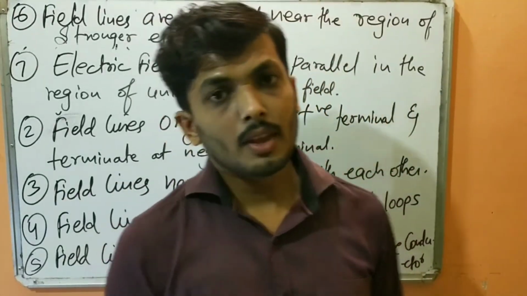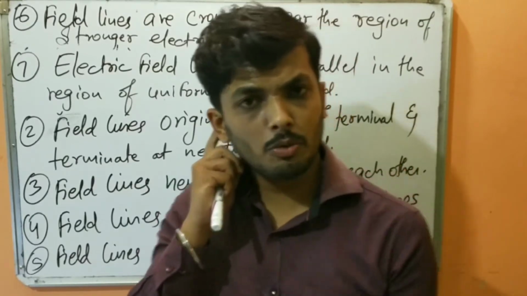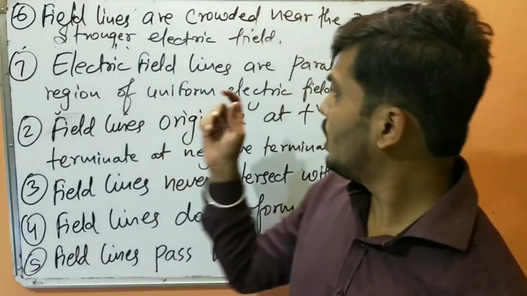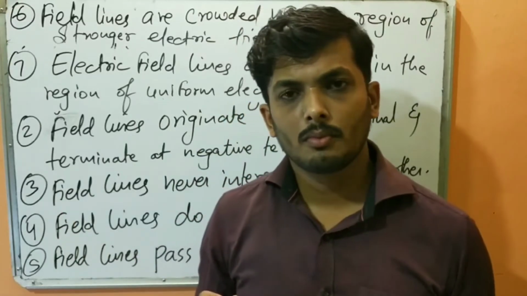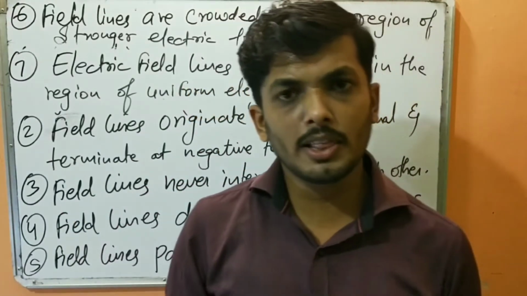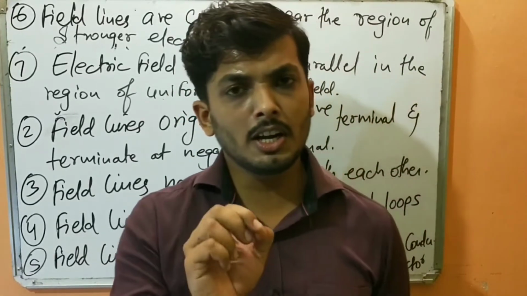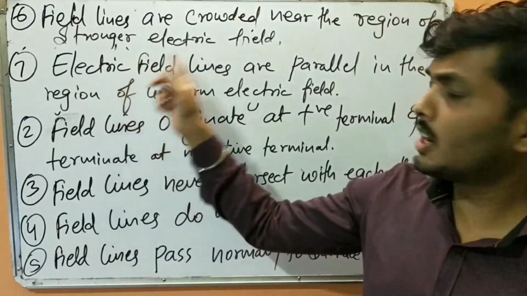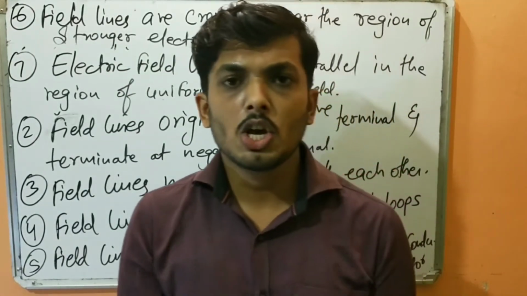What they are telling is, electric field lines will be parallel where the electric field is uniform. I think I had discussed the uniform electric field. What is a uniform electric field? If the force experienced on the test charge at all points is equal, then the field is said to be uniform. If the force experienced on the test charge is different at different points, then I call that field non-uniform. So electric field lines are parallel whenever the field is uniform.